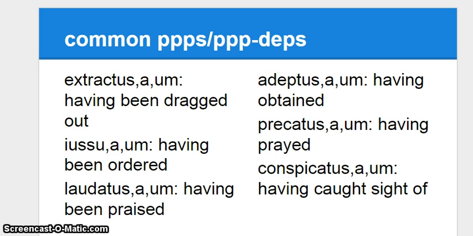That will really help you. Remember, they are essentially adjectives, so do not forget that they modify and have to have the correct number and gender. And the difference between them is that PPP-deps are translated actively, and they have a direct object, accusative. PPPs are translated passively, and they have an agent, something in the ablative.